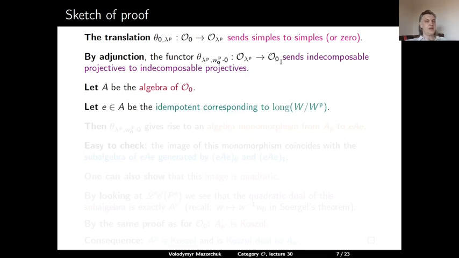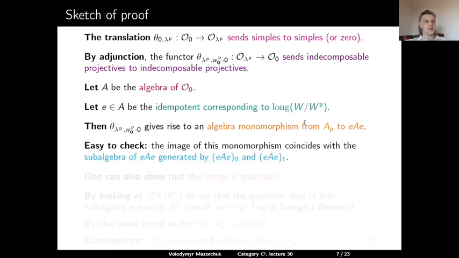Let E be the idempotent of A corresponding to the longest coset representatives in W modulo WP acting on the right. Then this projective functor theta lambda p, W0 p dot 0, gives rise to an algebra monomorphism from the singular algebra A lower p to the centralizer subalgebra EAE.